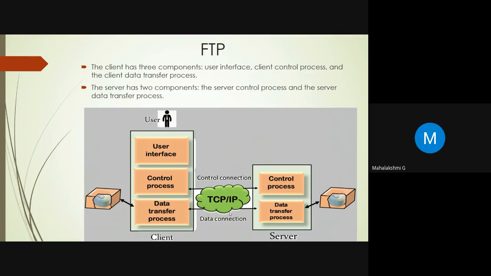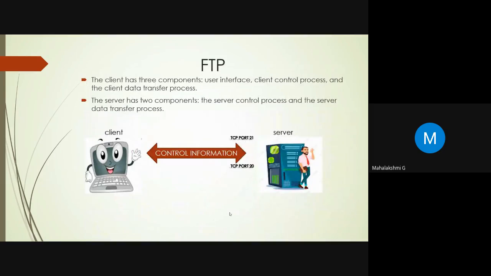The control connection remains connected during the entire session. That is, once you have connected the control, the connection is going to exist. But the data connection will be opened and closed for each file transfer.